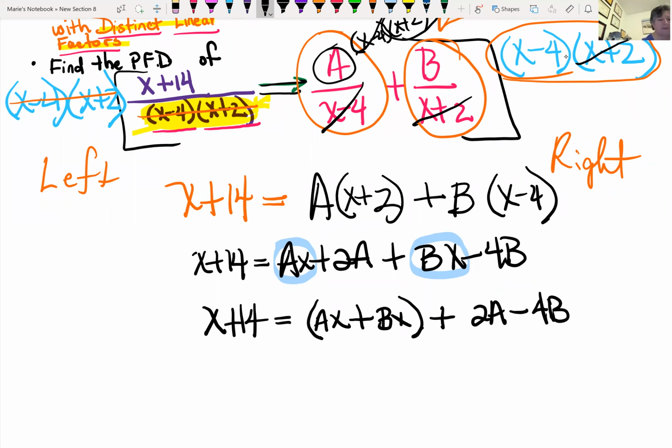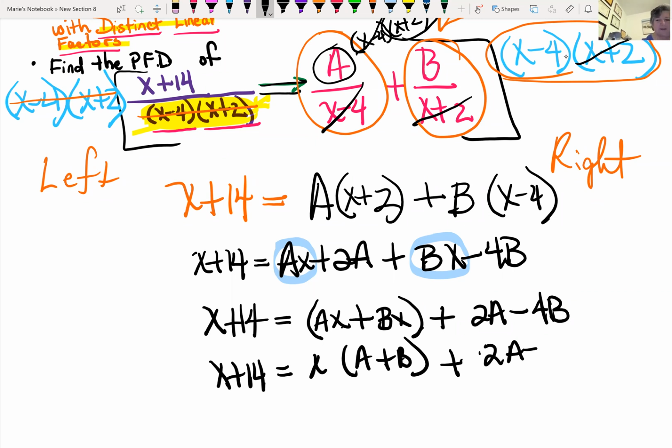All right. If you notice, I can extract the x out, and this is going to leave me A plus B by itself. So I have x plus 14 is equal to the A plus B times the x. And then in this case, I'm left with plus the 2A minus the 4B.